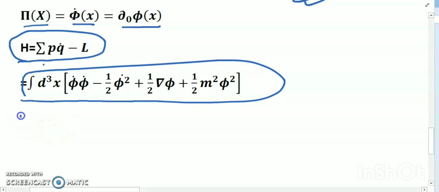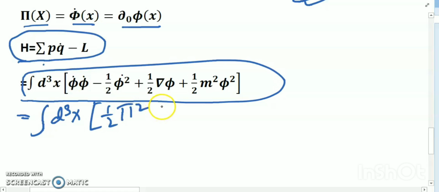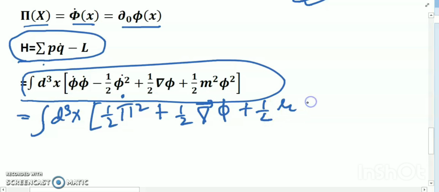So our equation is the integral d cube x of half pi square plus half gradient phi square plus half mu square phi square.